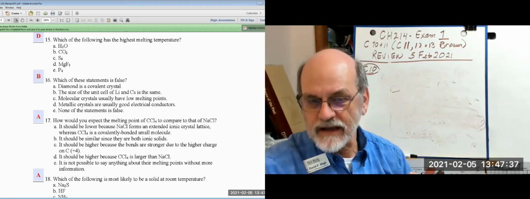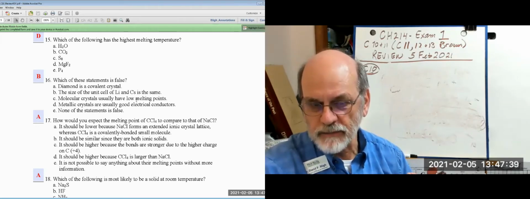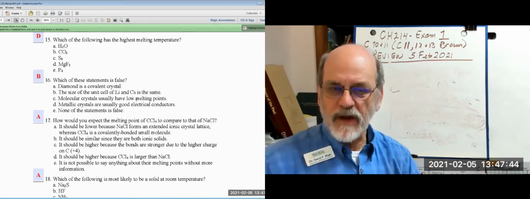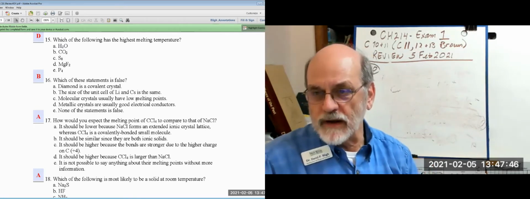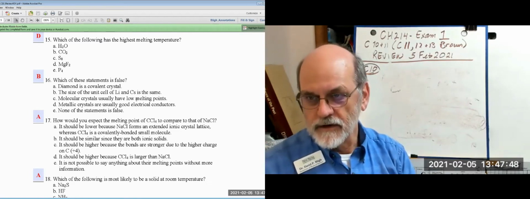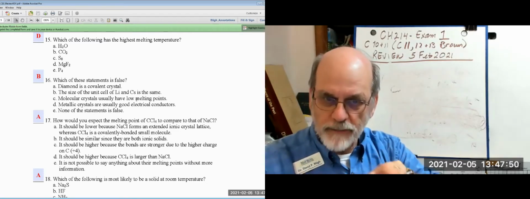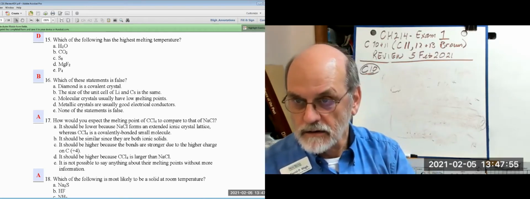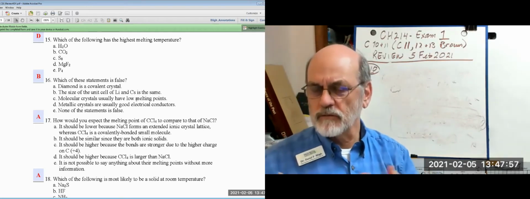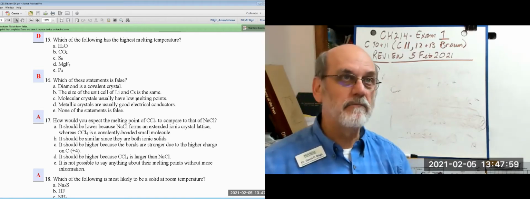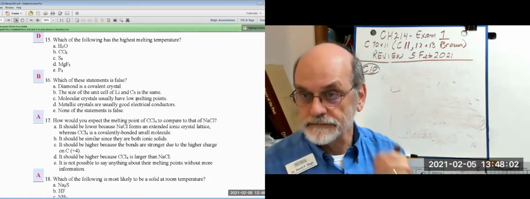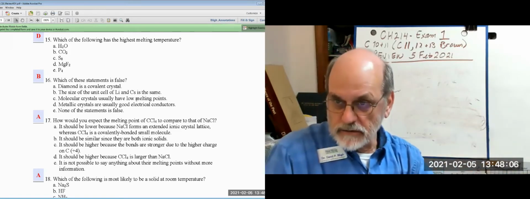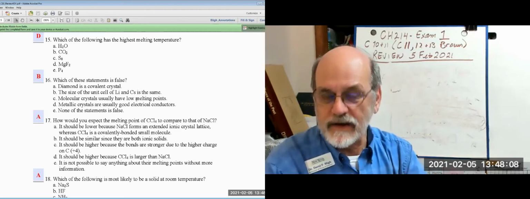C, molecular crystals usually have low melting points. Yeah, molecular crystals do, because they don't have covalent bonds to hold them together. So when you disrupt the crystal, if it's a molecular crystal, which would, for example, be ice, as opposed to an ionic crystal or a covalent crystal.